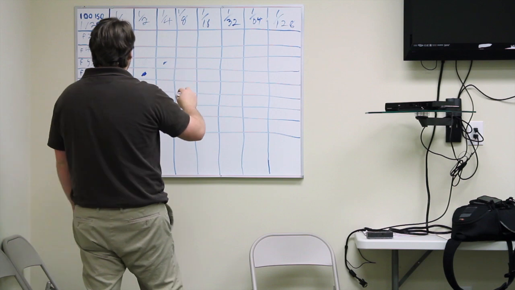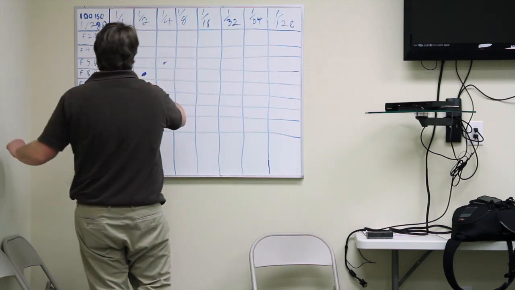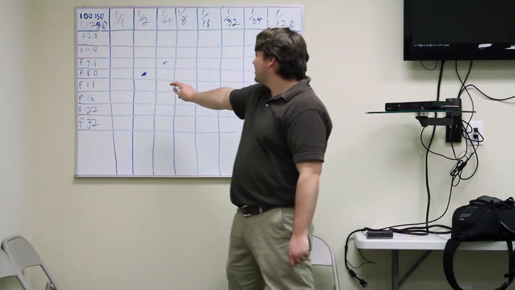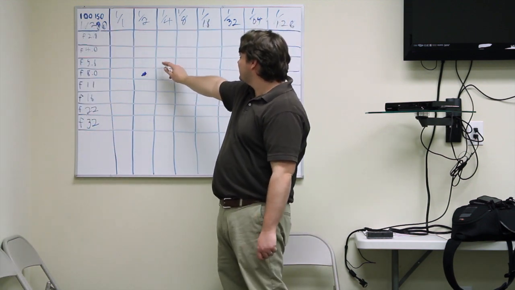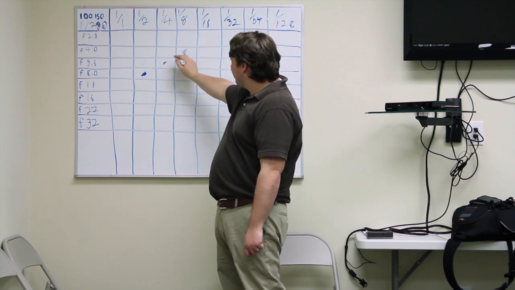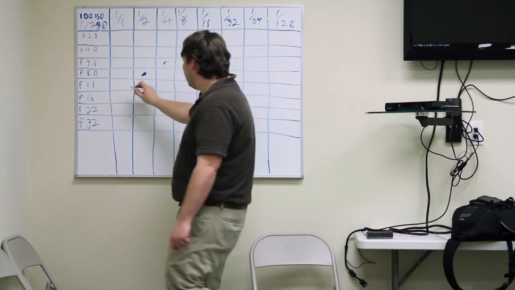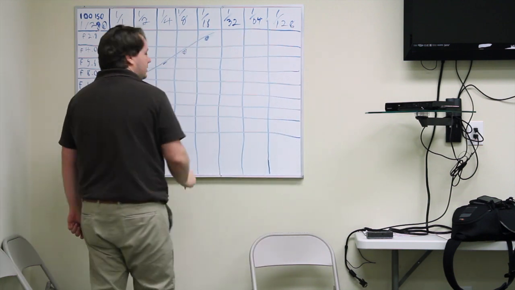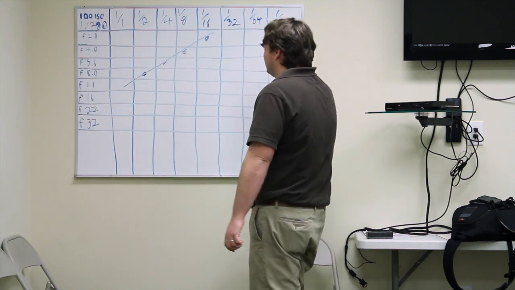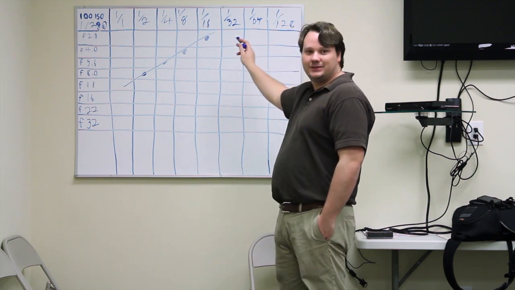So it's the same type of concept. If we wanted to go to f4 and keep the same light, we go to 1/8 power. If we want to go to f2.8, we go to 1/16. And again, we end up with that type of curve. So we just substituted our shutter speeds with our flash power.